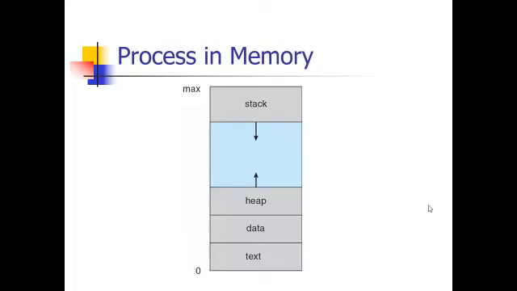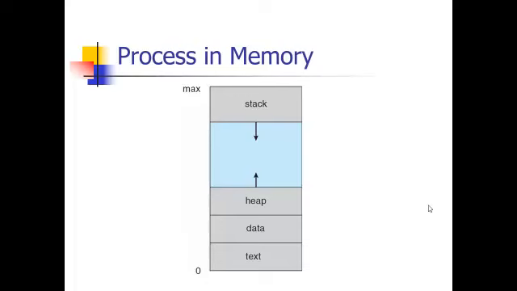And there's a heap. The importance of the heap is that memory for a process is dynamically allocated, because at a given time a particular process may require a particular amount of memory, but from time to time the amount of memory will vary, so it should be dynamic.